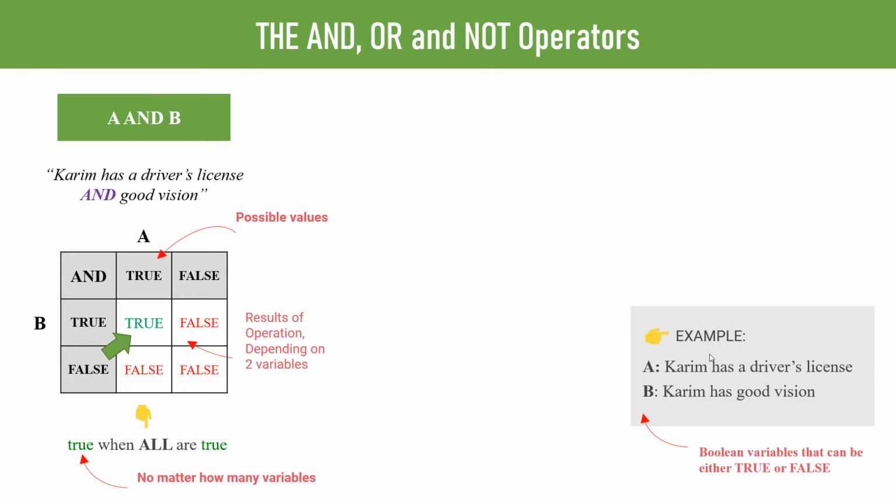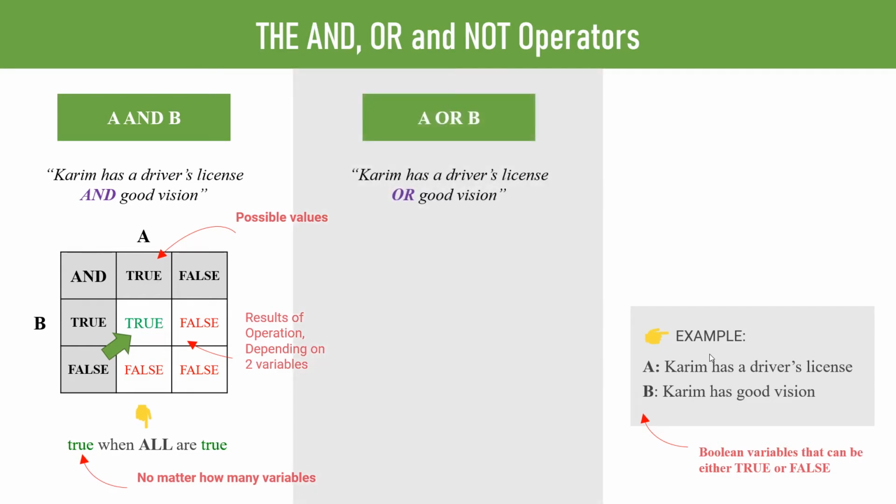Now moving on. On the other hand, we have also the OR operator, which kind of works in the opposite way. So with our current example, we could use the OR operator to determine whether Karim has a driver license or good vision. And just by thinking about this, we can already intuitively imagine that the OR operator will be true if just one of the variables is true.